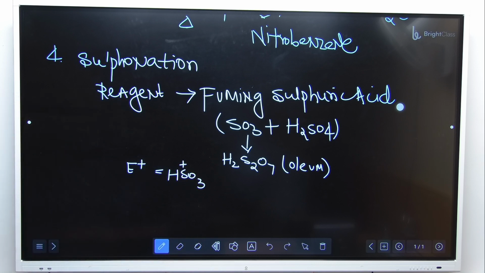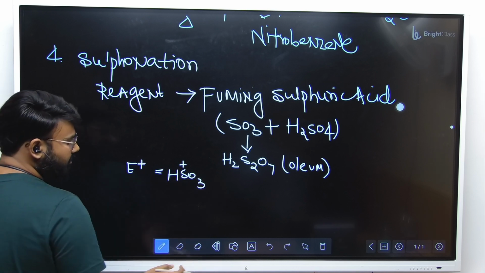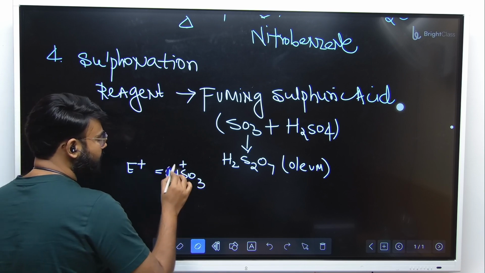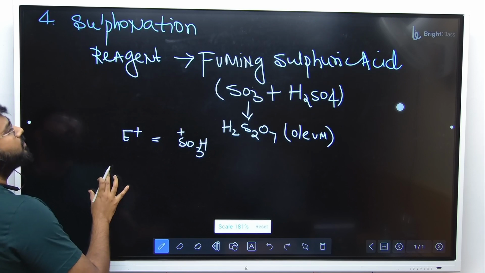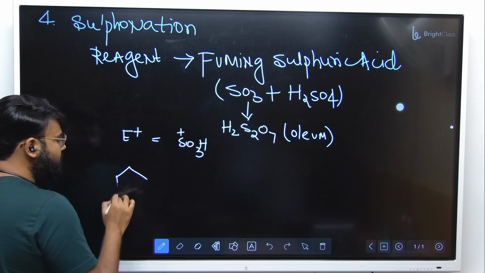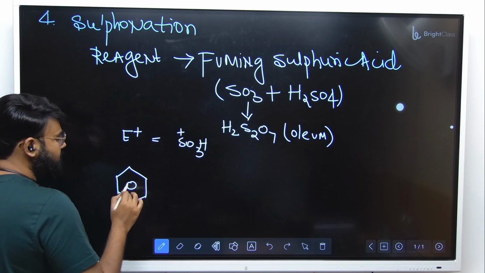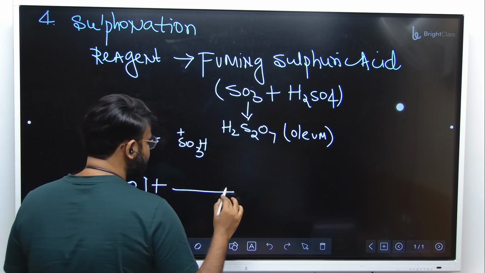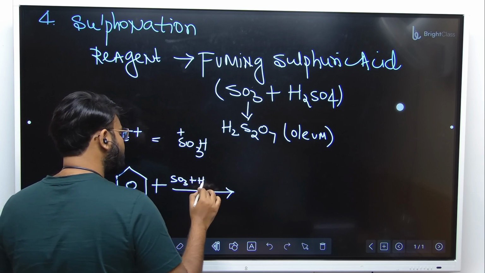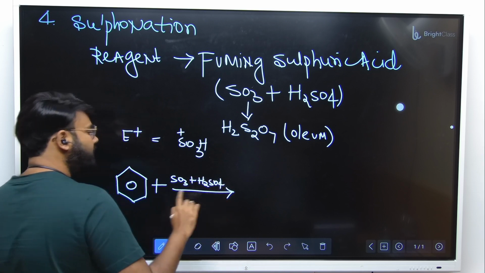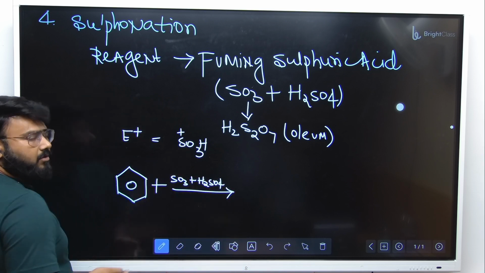Guys, write this down. All of you write down the reaction. You can either write it as HSO3 or SO3H. Okay, so let's do the reaction now. So we will react SO3 plus H2SO4, fuming sulfuric acid, that will give out this.